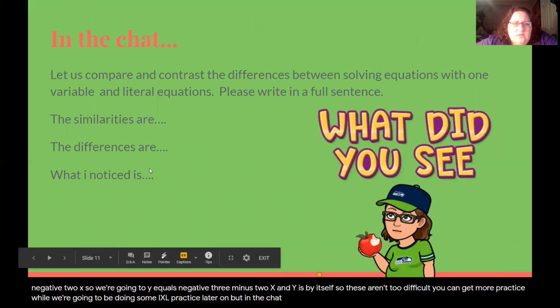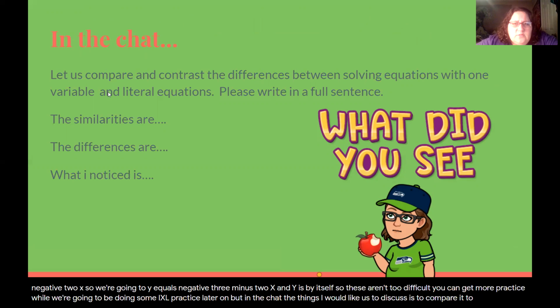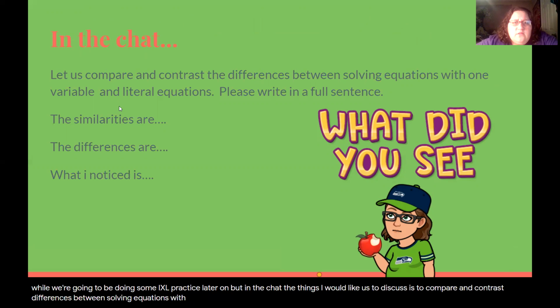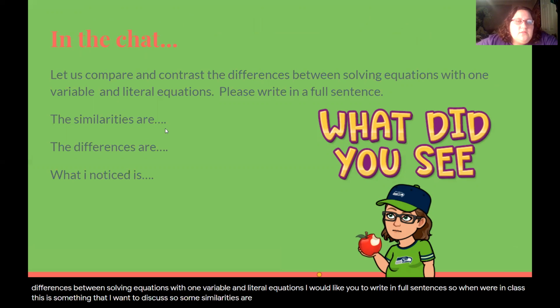But in the chat, the things I would like us to discuss is to compare and contrast the differences between solving equations with one variable and literal equations. I would like you to write in full sentences. So when we're in class, this is something that I want to discuss. So some similarities are you're going to be using the same steps that we normally use, such as do not call me after midnight steps. You're going to add or subtract to get rid of your constant.